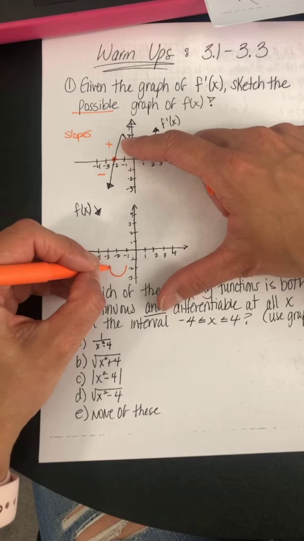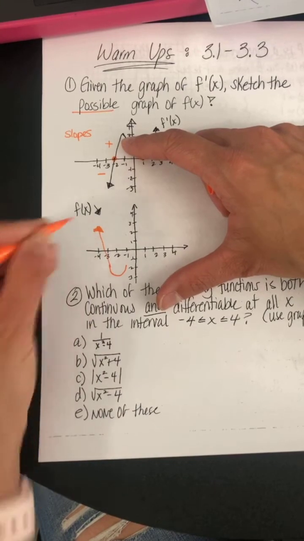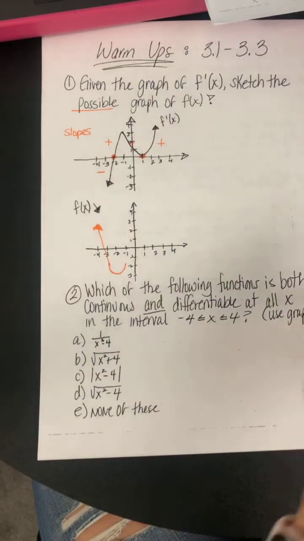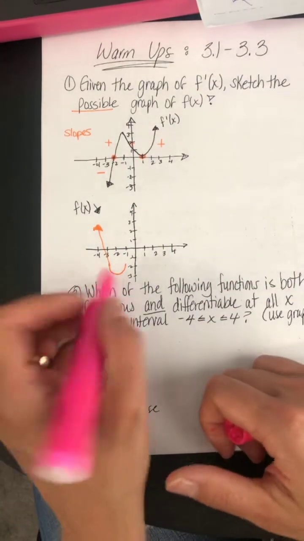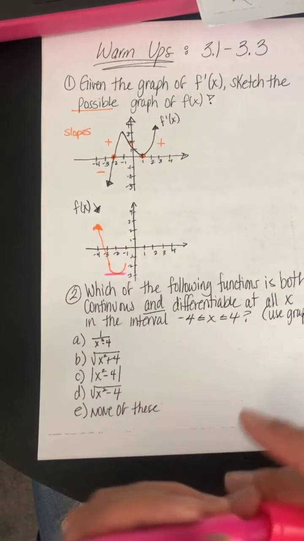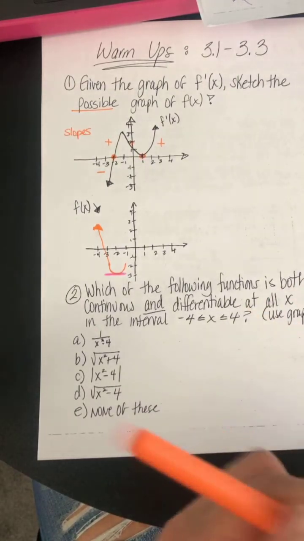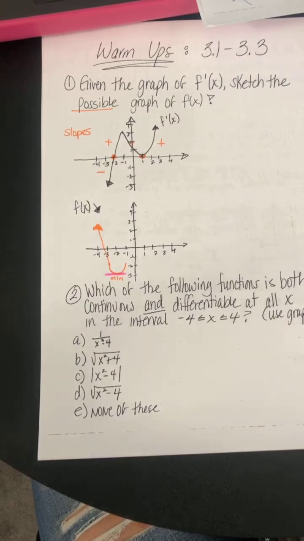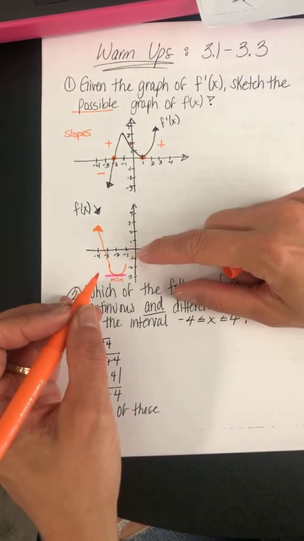So I'll just make this keep going this way because it's decreasing on that side. And then there is my horizontal slope right here at -2, okay? So this ends up being a minimum value because the minimum of a parabola is the vertex of the upward-facing parabola. Okay, let's keep going.